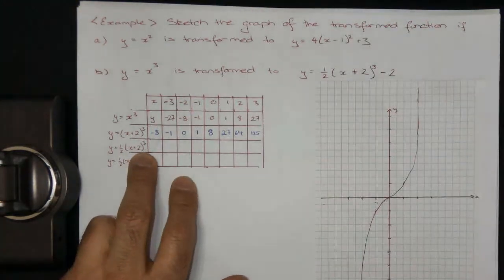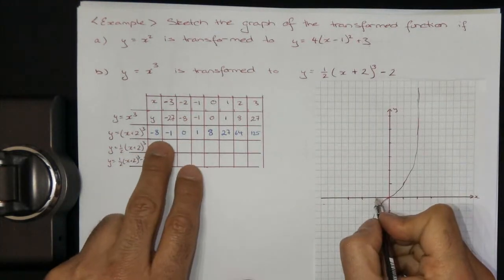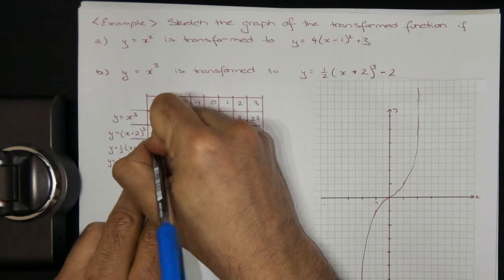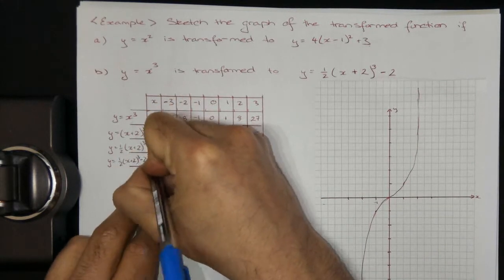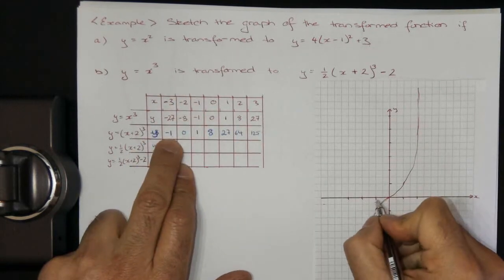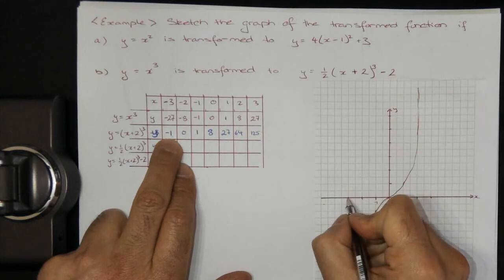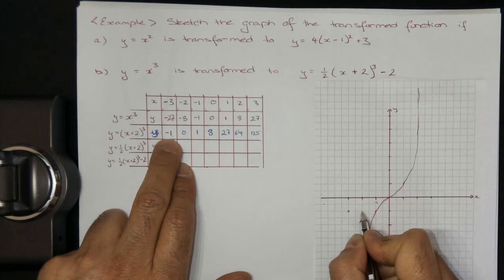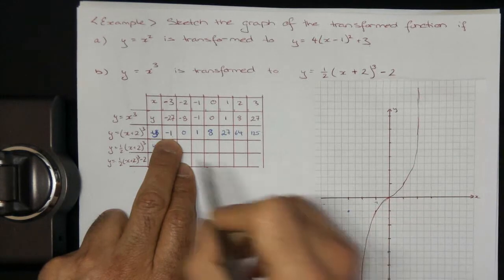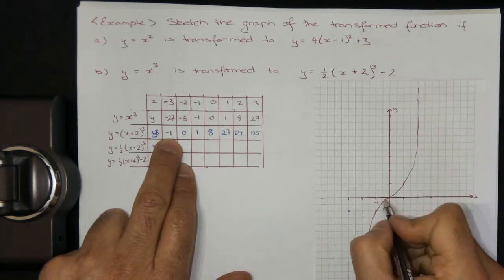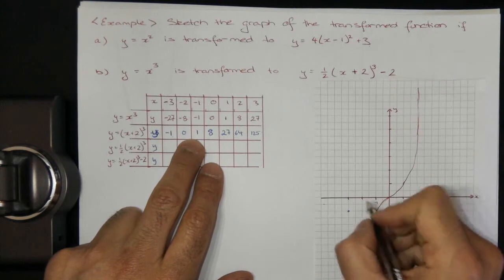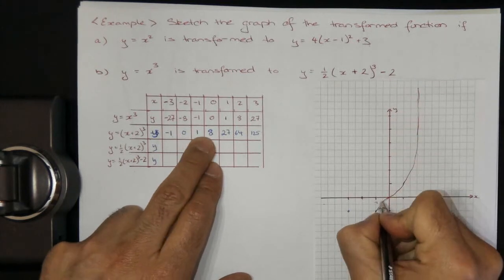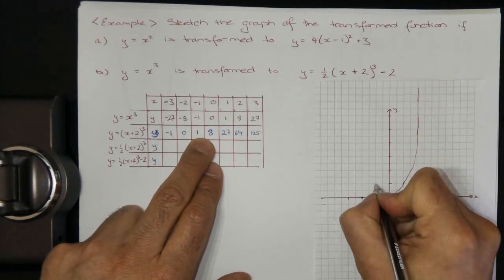Oh sorry, that's still y. These are all our y's. So at negative 3, we get negative 1. So it's shifted this point across to the left by 2 units. Negative 2 becomes 0. Negative 1 becomes 1.